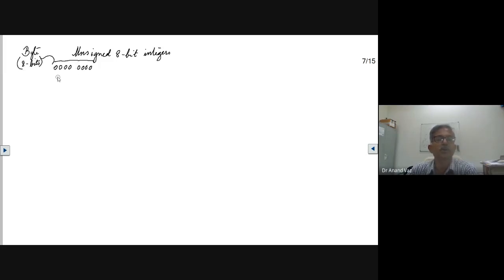And we will go on incrementing this. So we'll have 0, 0, 0, 0, 0, 0, 0, 1. So this is representing 0. This is representing 1. Then 0, 0, 0, 0, 0, 0, 1, 0.